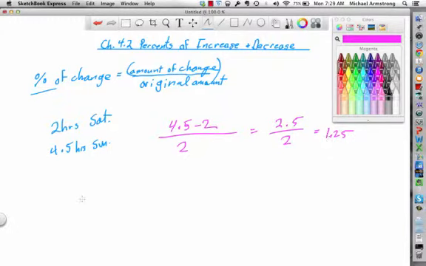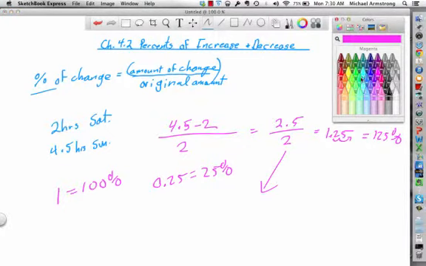Now from our last lesson, we have to recognize that 1 is 100% and 0.25 is 25%. So I can see that 1.25 is 125%. The other thing I can do is just move that decimal over twice, because a percentage is out of 100. So if I multiply it by 100, it moves the decimal over 2 places and it gives me that percentage.